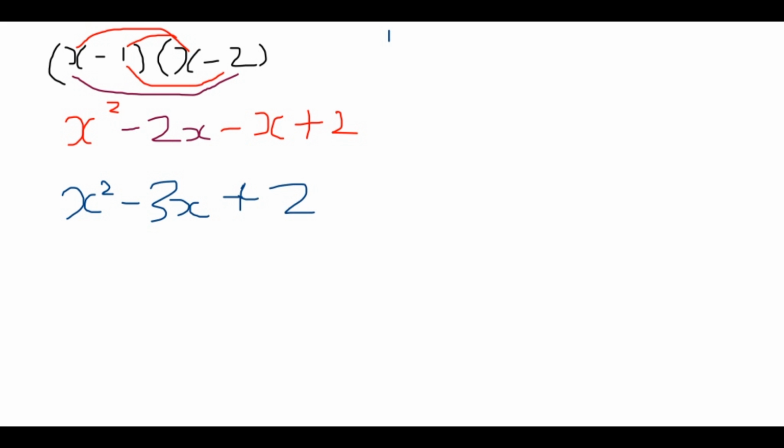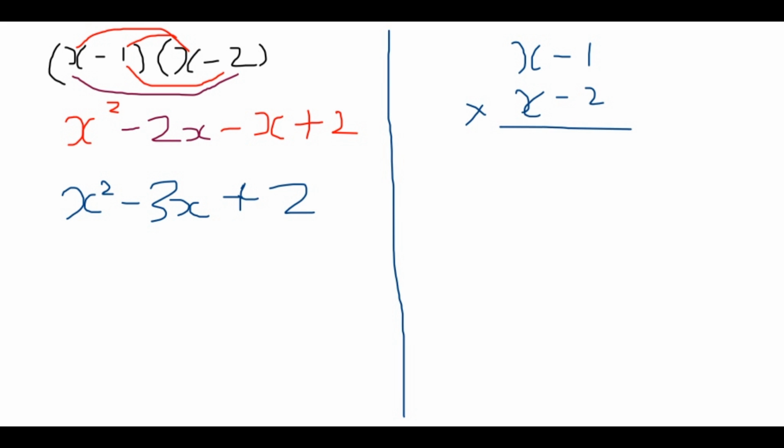Now try to do this using the long multiplication method. So if we have x minus 1 and x minus 2, and we are multiplying using the long multiplication method, x times x is x squared, and x times negative 1 is negative x. Then I'll go to the second row.